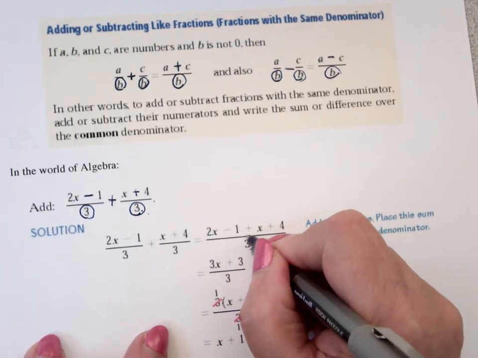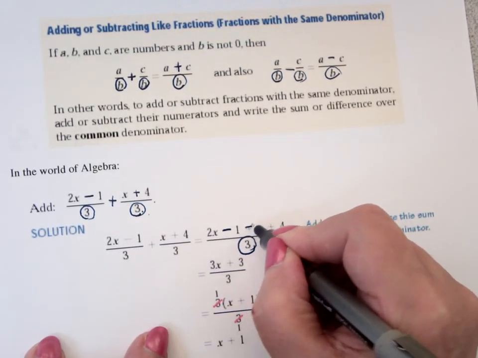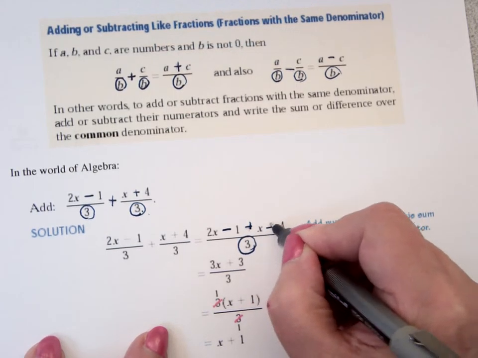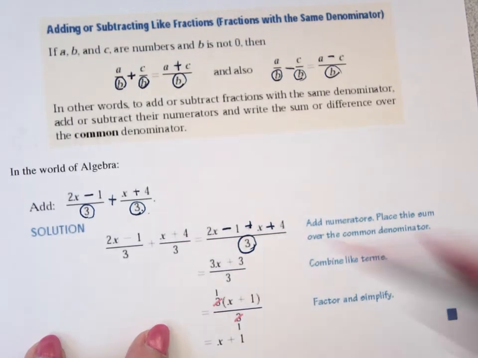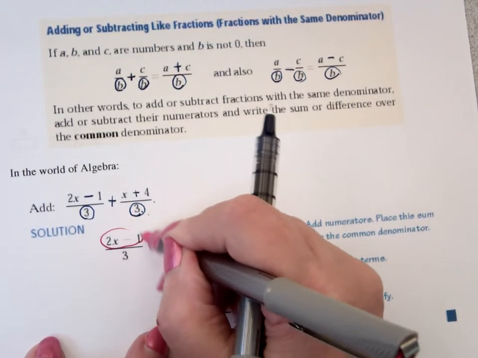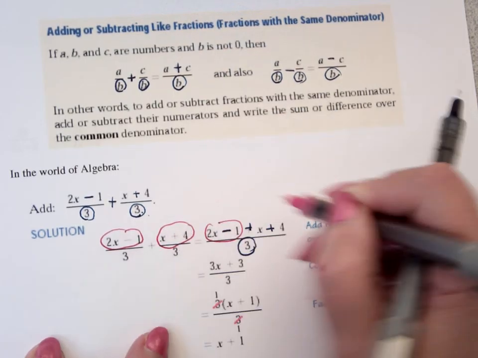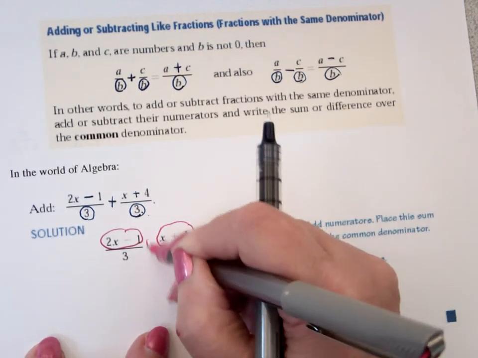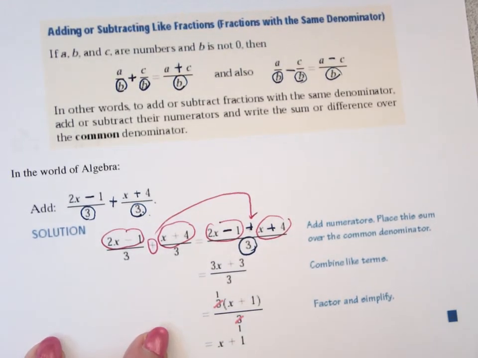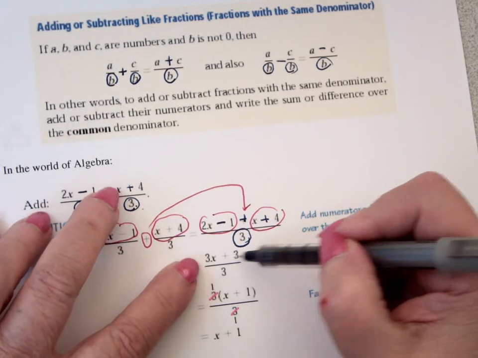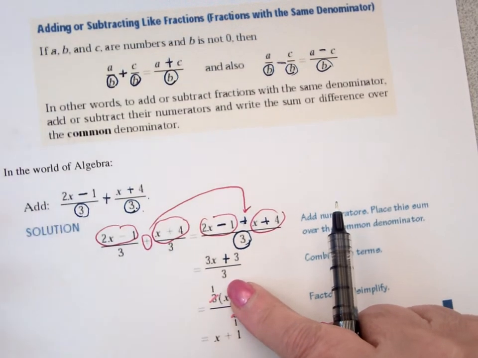Well, in the thirds world, I would have 2x minus 1 added to x plus 4. I add the two numerators, numerator 1, numerator 2, add them together. I can count the total. This says I have 3x plus 3 of them, (3x plus 3) over 3.